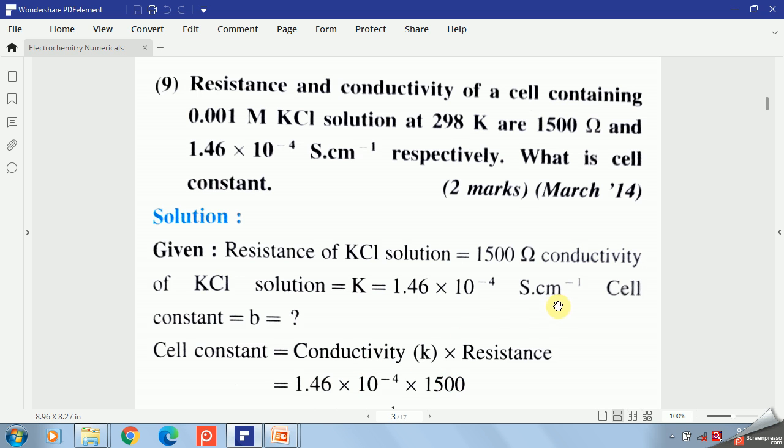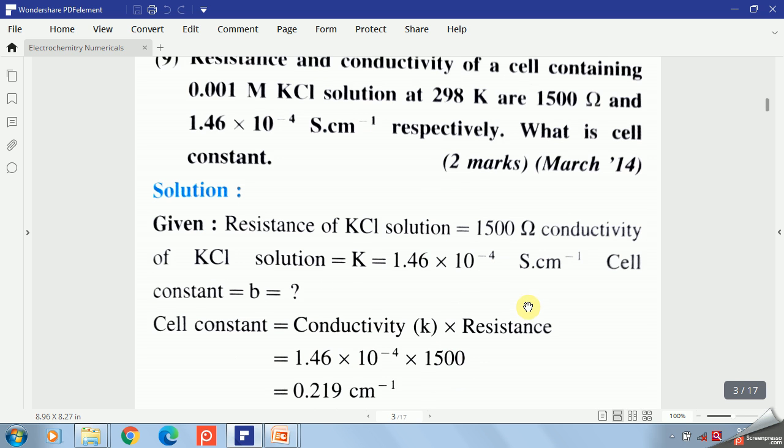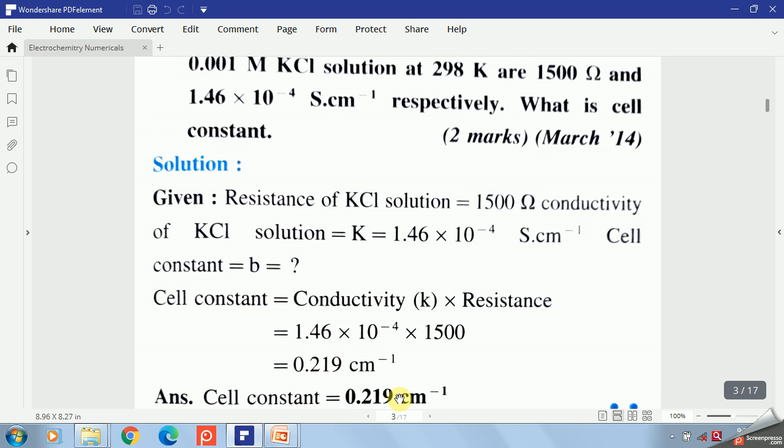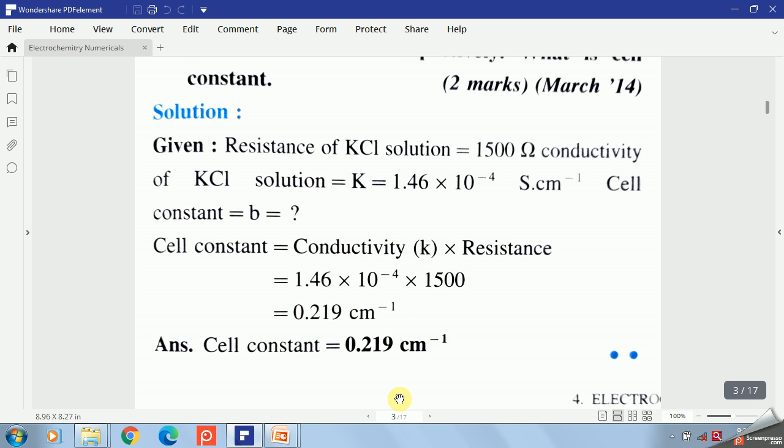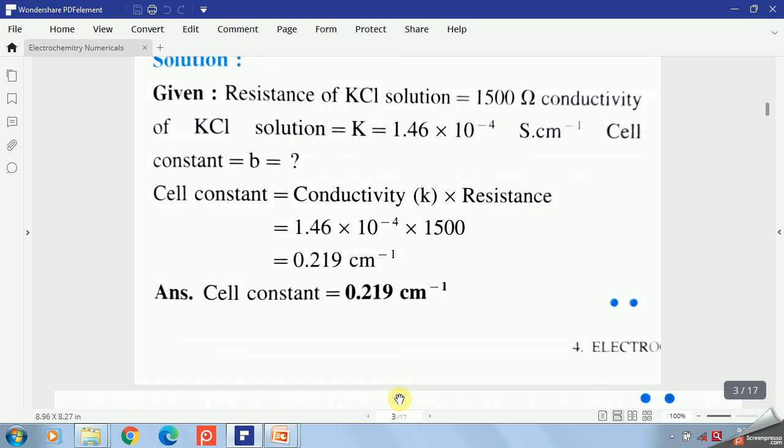Unit for conductivity is Siemens centimeter inverse, and that of resistance is ohm. So ohm and Siemens, meaning ohm inverse, get cancelled. So your unit is centimeter inverse. What is the answer? 0.219 centimeter inverse. That is the cell constant. B is equal to L by A.